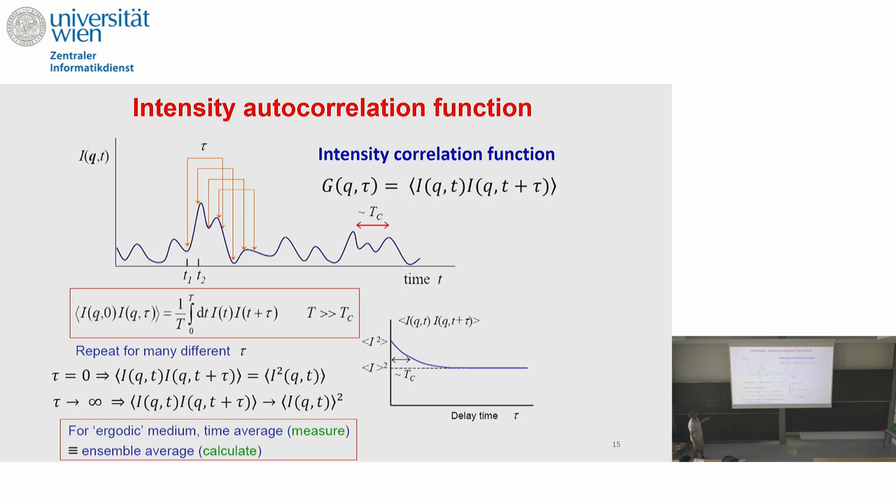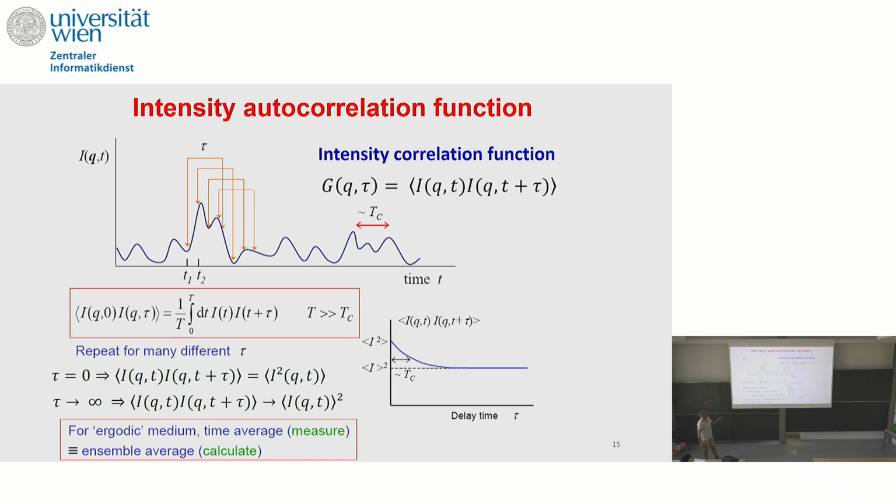So you calculate this thing here for one single tau, and then you repeat it for different choices of tau, and you end up with this intensity correlation function. For tau equals 0, if you plug in tau equals 0 here, this is just the average value of a squared intensity. And for tau that tends to infinity, in practice, tau much longer than the characteristic time of these fluctuations of intensity.